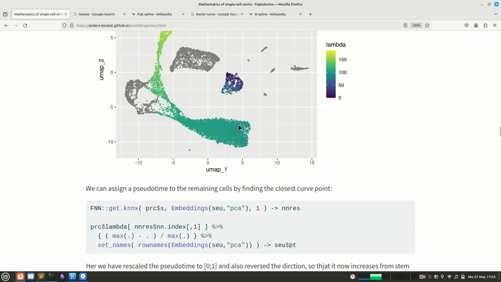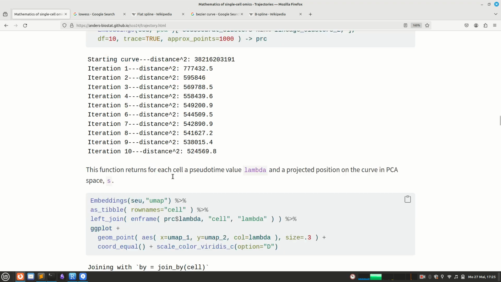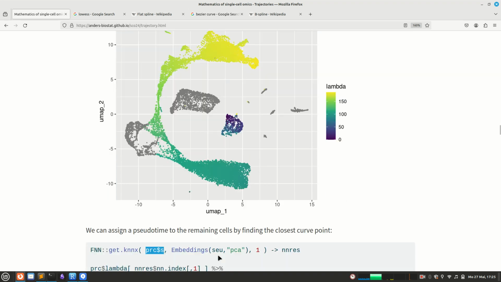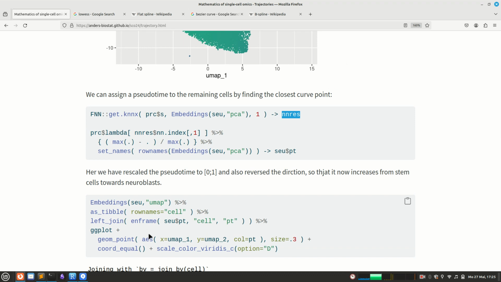And now what I also want to know is what would be the pseudotimes of all these cells here, which I have kicked out. And to do this, I simply use the same trick as before. I take the curve points, so the 1,000 points that it has produced here along this line, and the PCA coordinates of all the other points, and ask how far are we here, and then I can again implement this as a pseudotime.